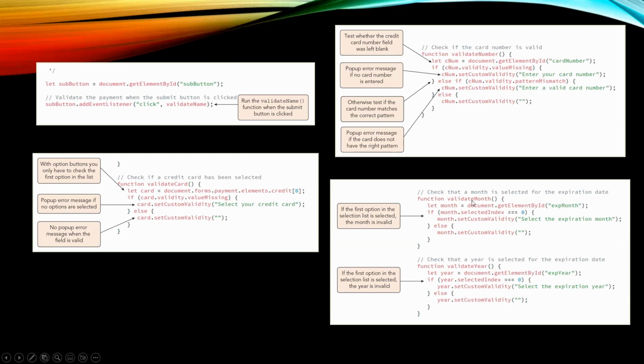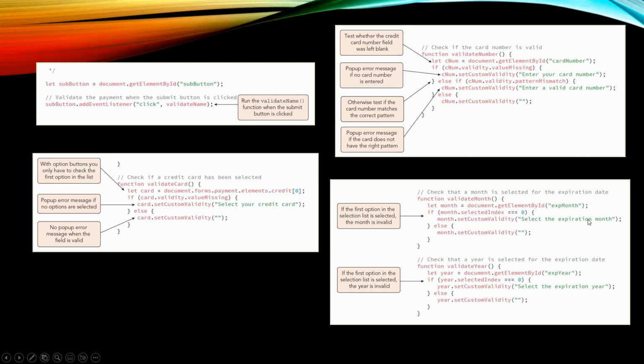Down here, I've got the expiration date, which is a month and a year. That is a pull down that has a default value that we don't want to look at. So I'm getting my expiration month. If the selected index is at the top, if it's the very first one, that is my default. If the selected one is the very first one, I'm going to tell them select an expiration month.